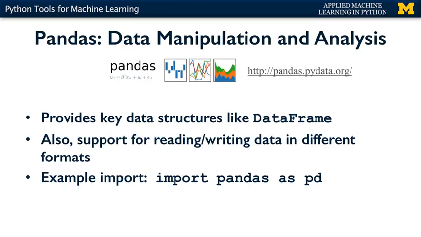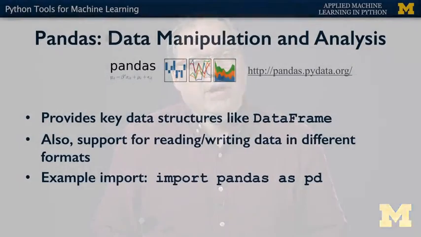Pandas is a Python library for data manipulation and analysis. And if you took course 1 in this series, you've already had experience with what pandas can do. The key data structure pandas supports that we'll be using is called a data frame, which is basically like a spreadsheet table with rows and named columns. So unlike the arrays supported by NumPy, the columns in a data frame can be of all different types.